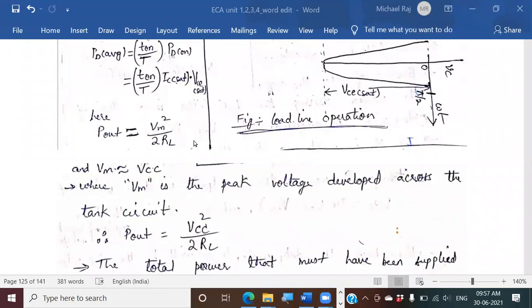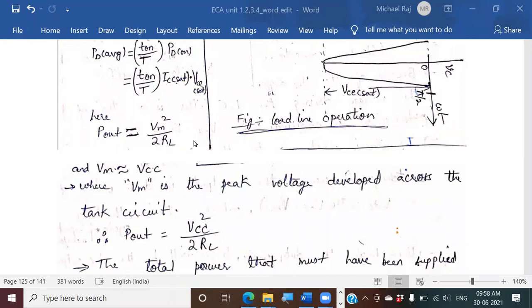You know power is current into voltage, and current is voltage by resistance, so power we can take as voltage square by resistance.